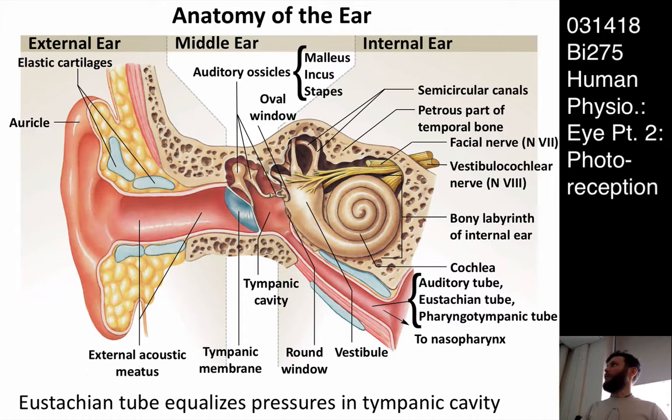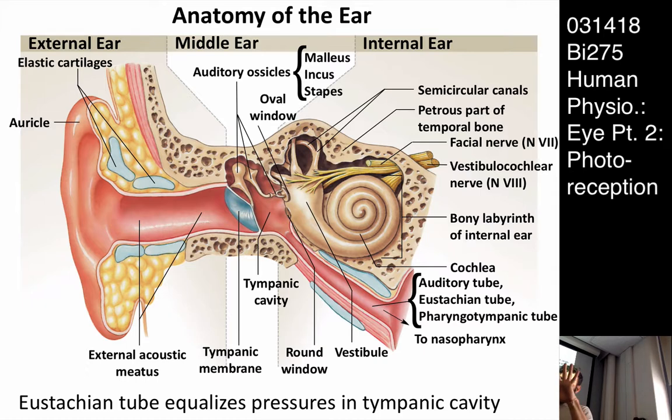So what do we need to know here? I'm only going to go over the anatomy you actually need to know to be able to have the discussion that we'll have next time about the ear. Well, there's the external acoustic meatus, your ear hole.